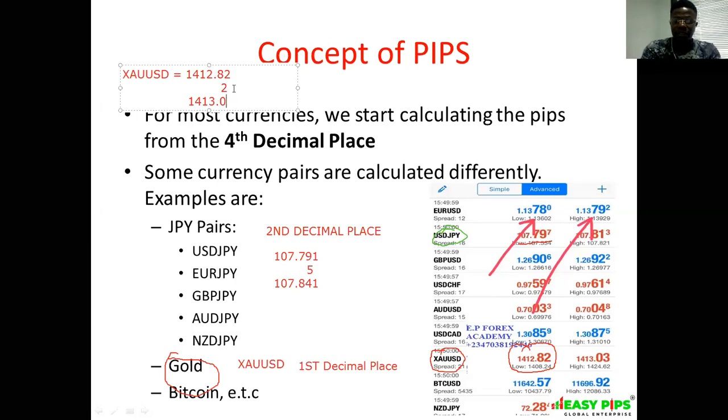Let's say it increases by 15 pips, and you know that you are calculating from the first decimal place. So you add 5 to the first decimal place, and you add 1 to these 2 right here, because you are dealing with 2 digits here.